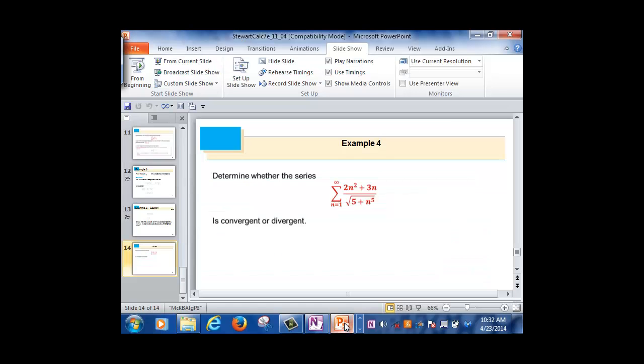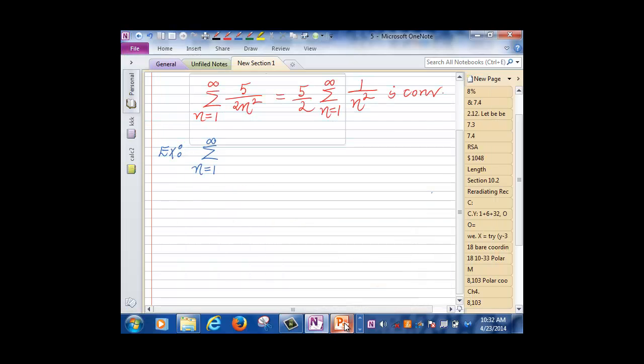What do I have again? 2n squared plus 3n, is it? Divided by, I have a root, and what's that? 5 plus n to the 5. So that's the series that I have.